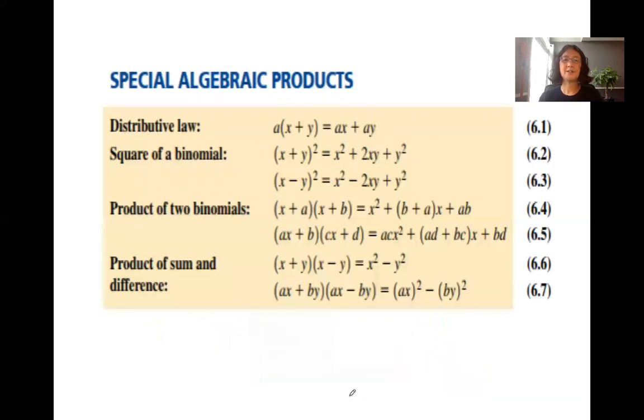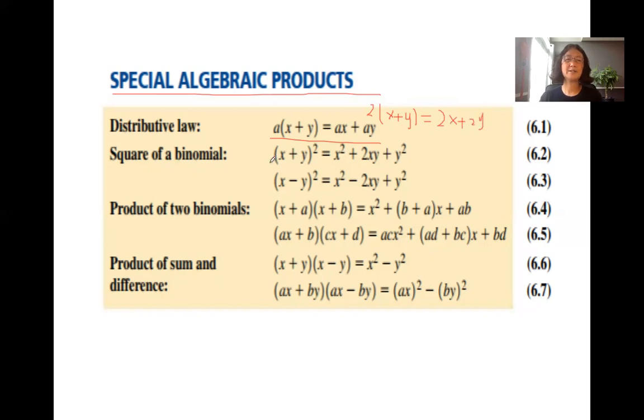So this is the formula for special algebraic products. Those formulas are useful in the algebraic expressions, can speed up your calculation. Okay, so the distribution law, for example, 2 times x plus y, it is just equal to 2x plus 2y. Okay.